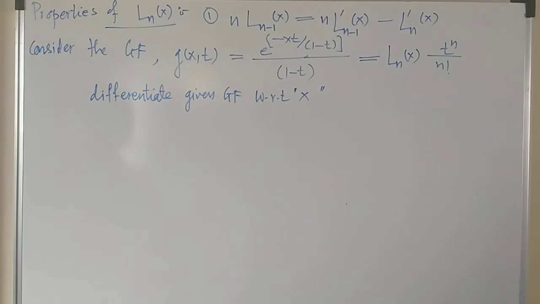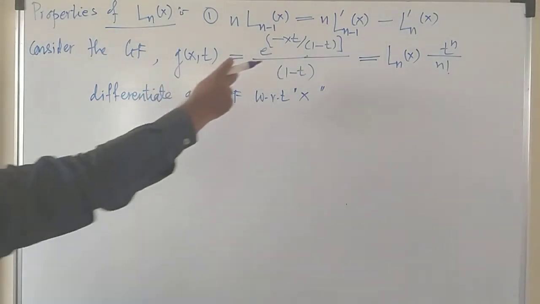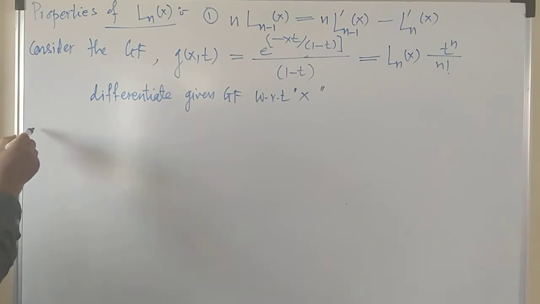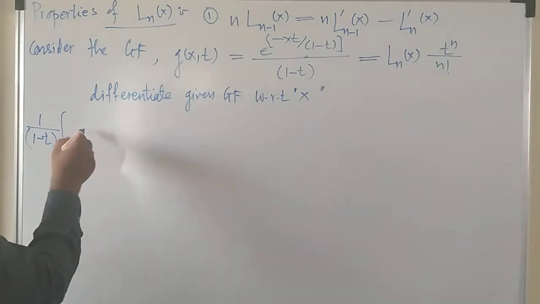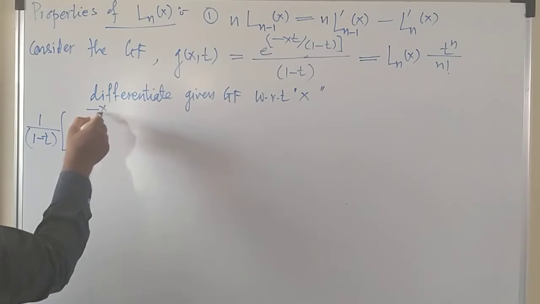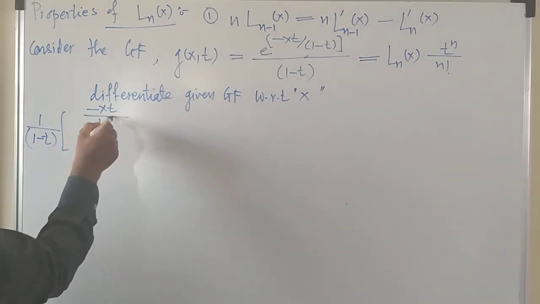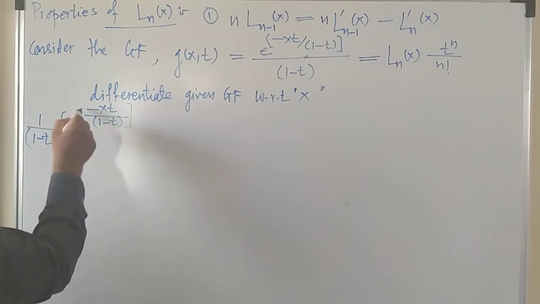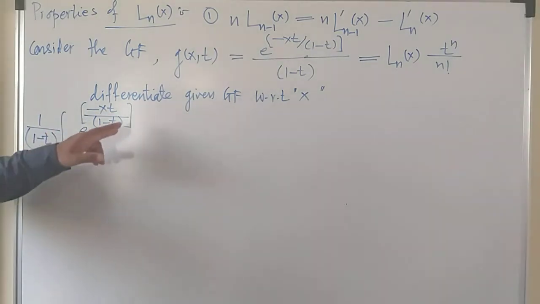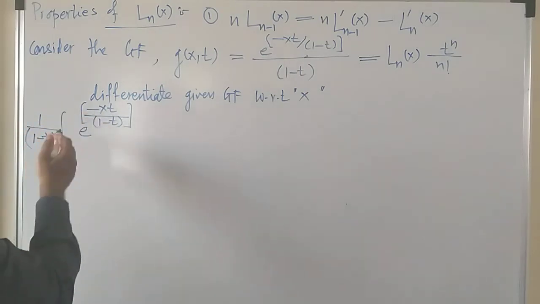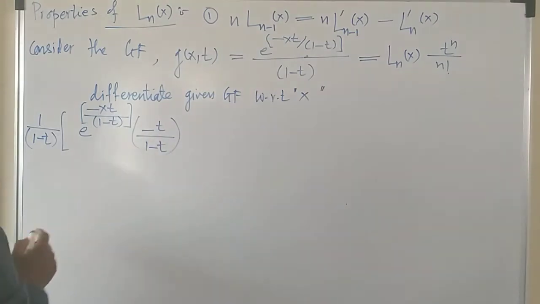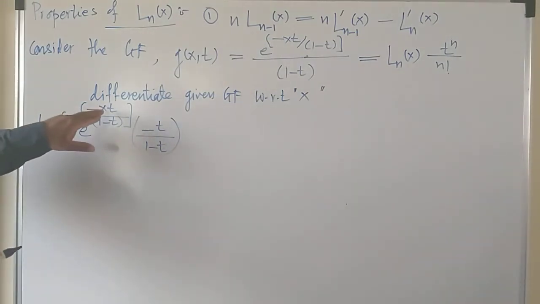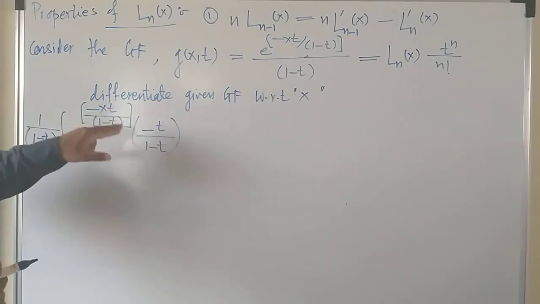If you differentiate with respect to x, let us see what we get. 1 upon 1 minus t will be treated as a constant, so I will write it outside the bracket. e raised to minus xt divided by 1 minus t, into the differentiation of the exponent with respect to x, which is minus t divided by 1 minus t, right? Because there is x only, the differentiation of x is 1 and the rest are constants.